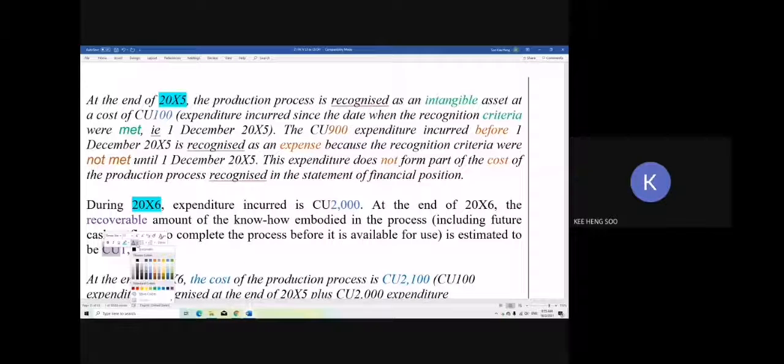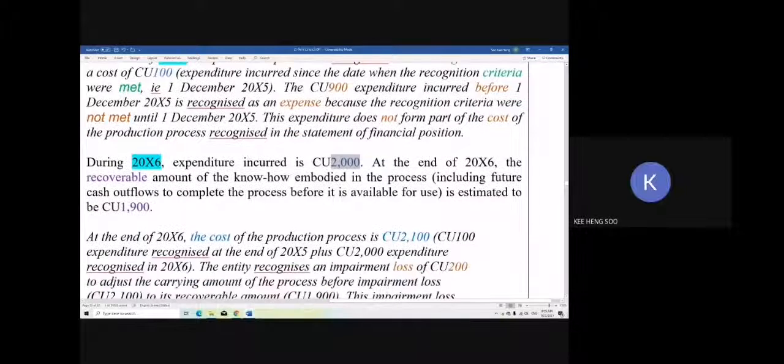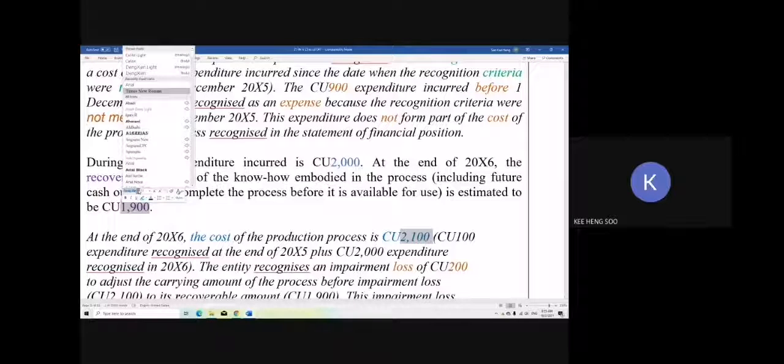Can you recognize the 2,100? So the cost will be 2,100, but recoverable amount is 1,009. You are comparing these two. Do you see that?